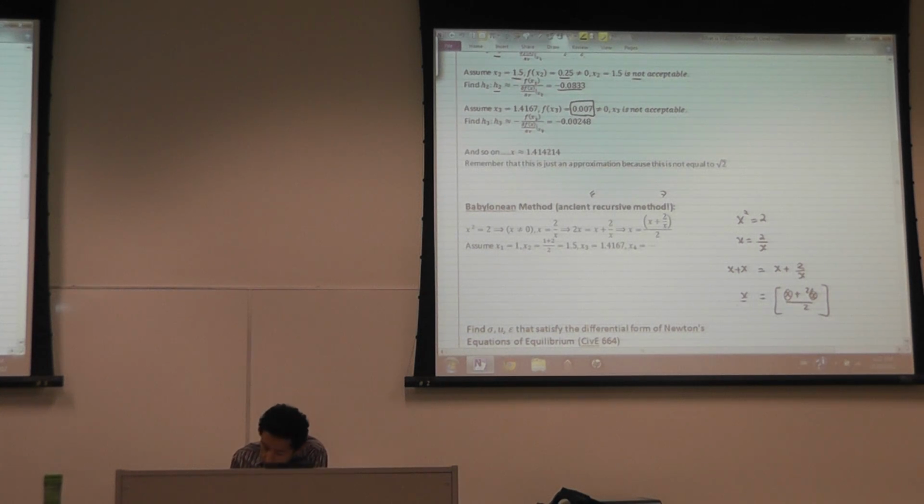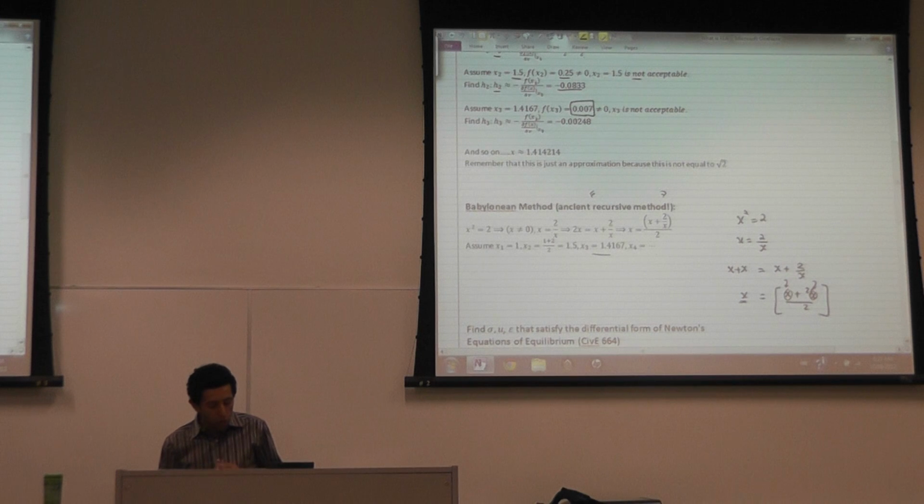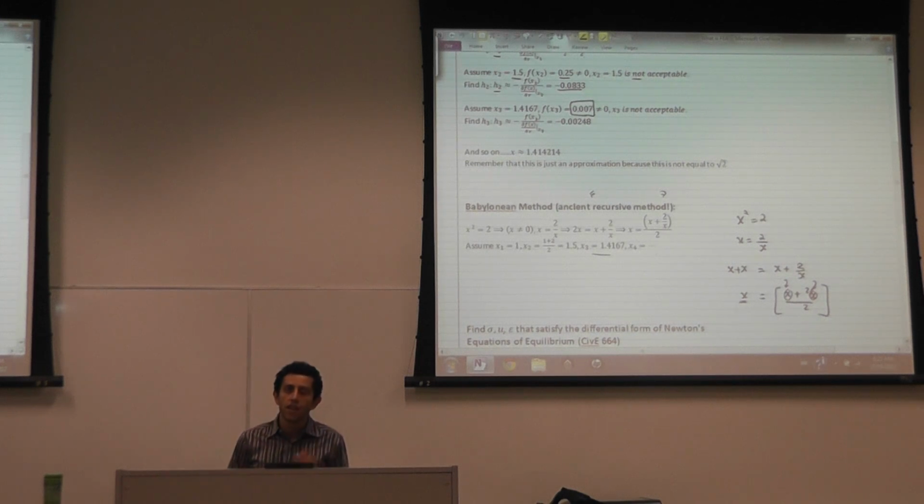Well, after you find the new x, put it back here, and you find a new x. And so on and so forth, and you're going to find that as you do this, the new value approaches the value of root 2, again, because the solution is not a rational number, and I'm using rational numbers to approximate it. The x squared will never be equal to 2. It will be close enough, but will never be equal to 2.